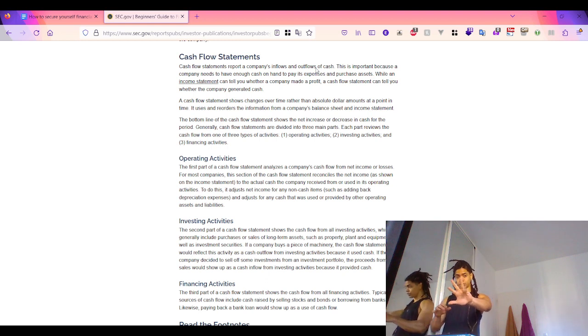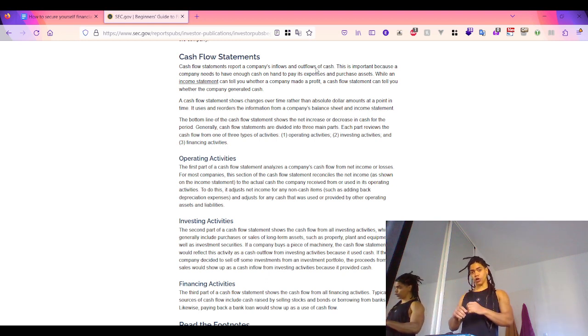Investment is another long-term asset here.